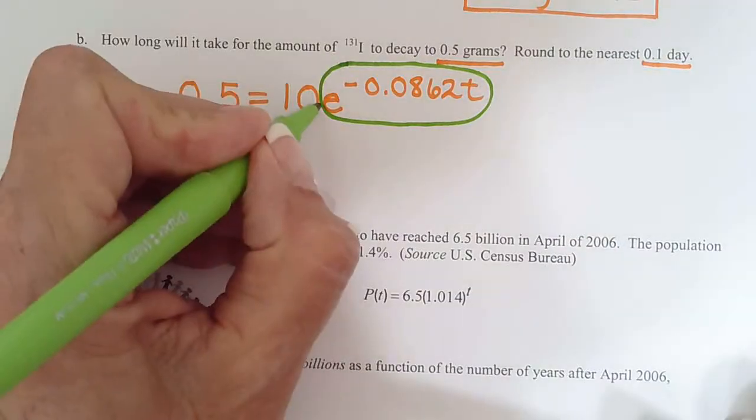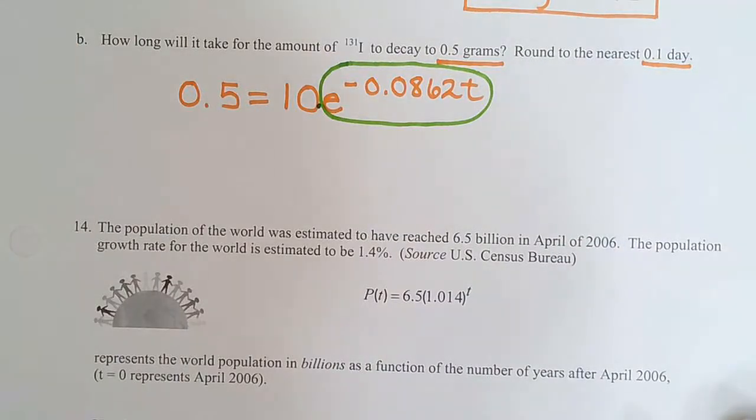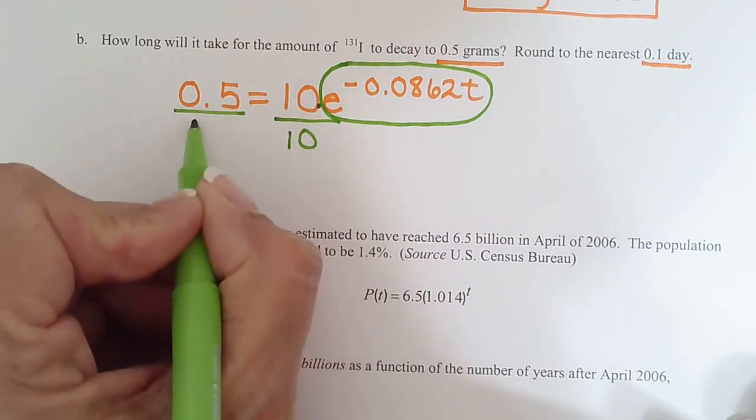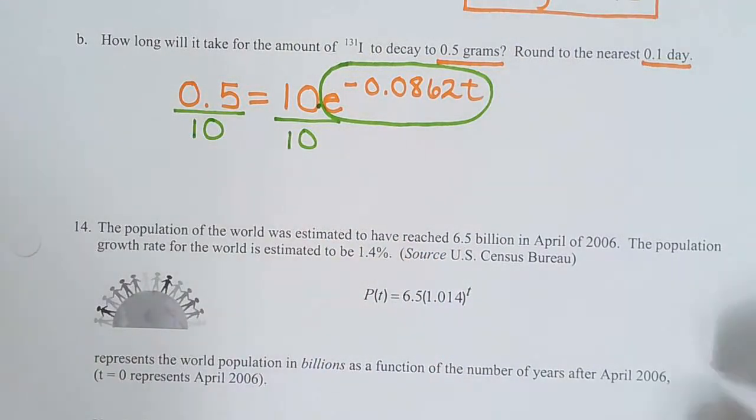So I have to recognize that this is times, so I have to divide both sides by 10. And I'm going to flip it around because I like having my variable on the left.